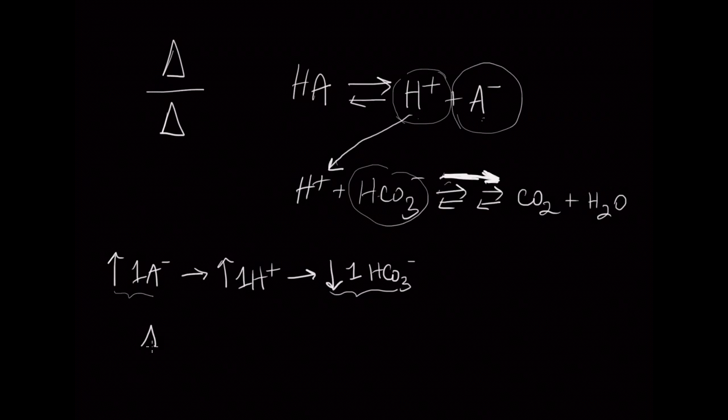So the delta in the numerator is the change in the anion gap. The gap is going to change because you've introduced a new unmeasured anion. If you remember, anion gap is unmeasured anions minus unmeasured cations. This is the change in unmeasured anions minus unmeasured cations. You've just added an unmeasured anion. That's this. The other delta is the change in bicarbonate.